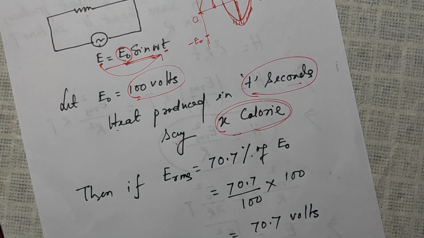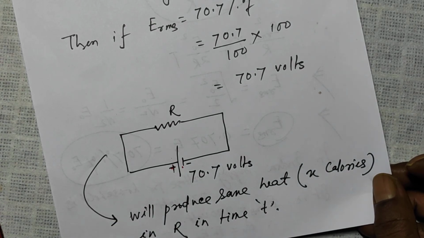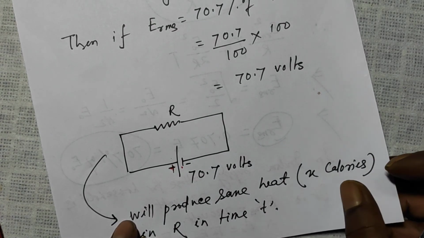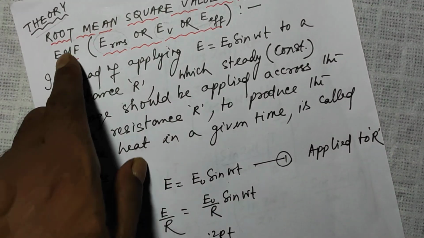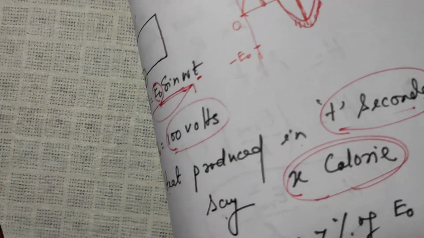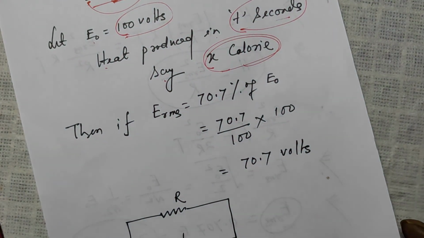That constant voltage is called the RMS voltage, the root mean square value of the alternating EMF.